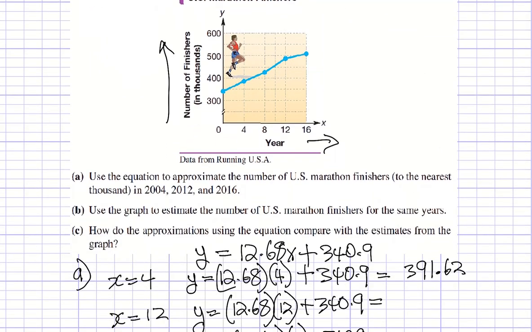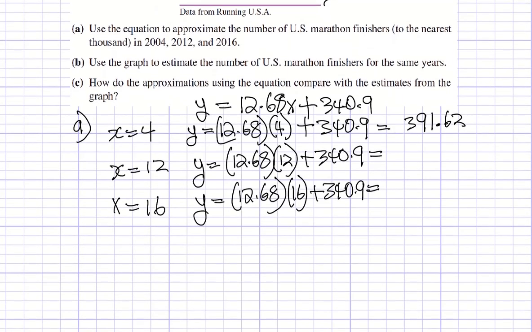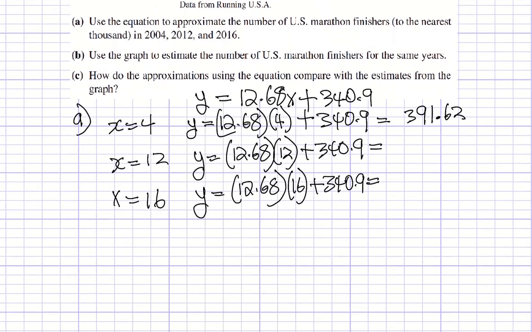To the nearest 1,000, okay, we'll leave it 62. And then 12.68 times 12 plus 340.9 equals 493.06, okay?